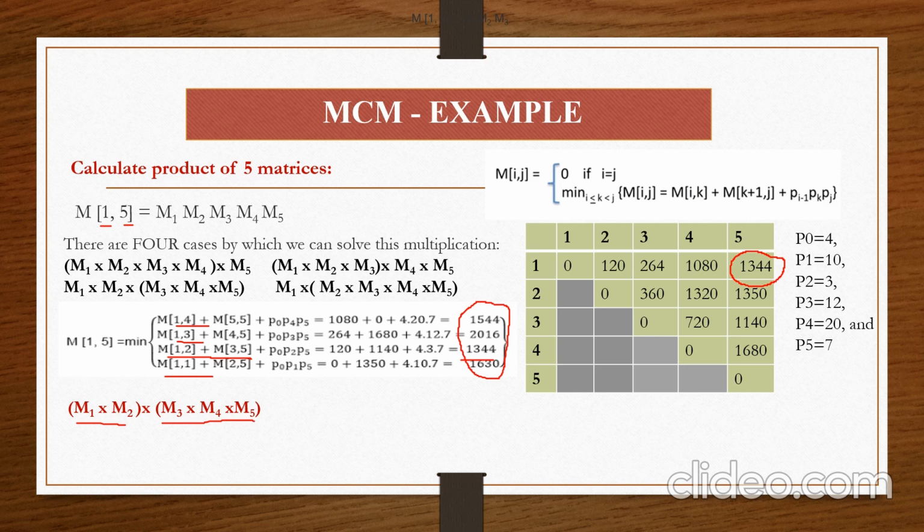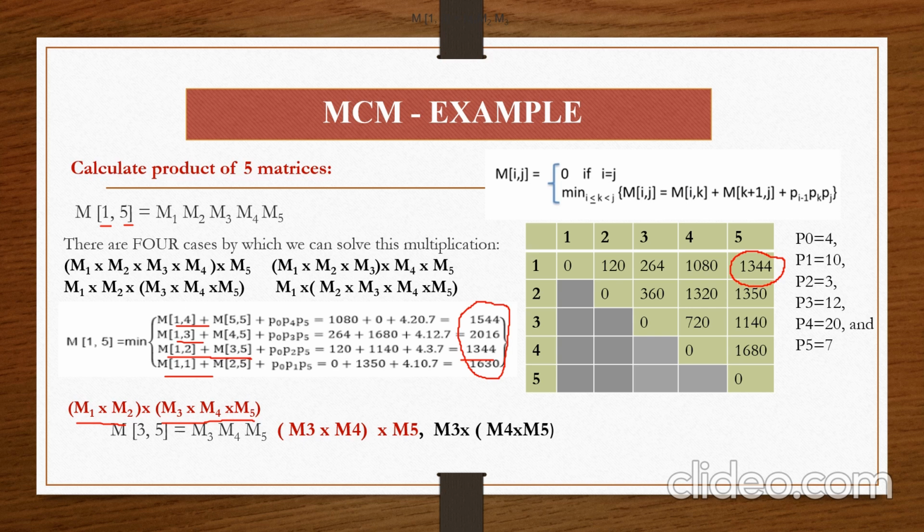But in the previous steps, I have already computed 3, 5, which is 1140. When I am multiplying matrices from 3 to 5, there are 2 possibilities we have seen. One is multiplying 3, 4 and then with 5, or else multiplying 4 and 5 and then multiplying it with 3. Of these, this one only produced the minimal number of scalar multiplications, that is 1140.